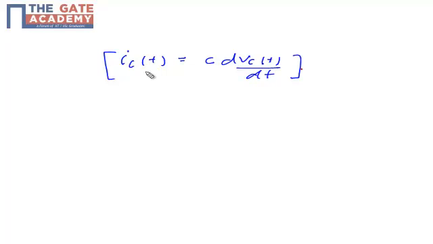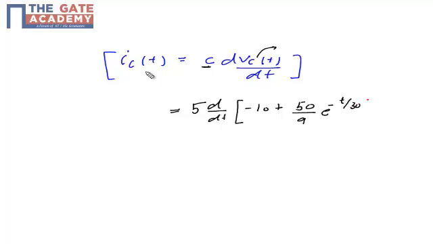We know the value of capacitor C, we know the expression of VC(t), so we can easily evaluate IC(t). Let's put the values here. C as 5, d by dt of the expression of VC(t), which is minus 10 plus 50 by 9 times e raised to minus t by 30.